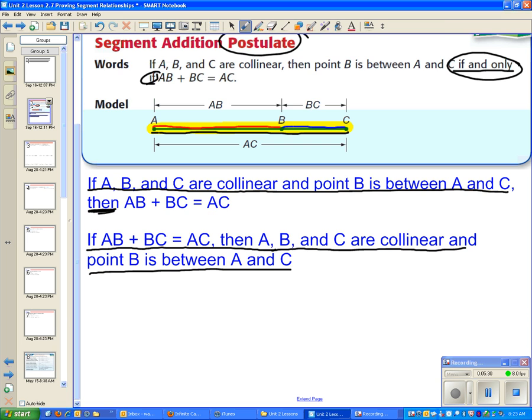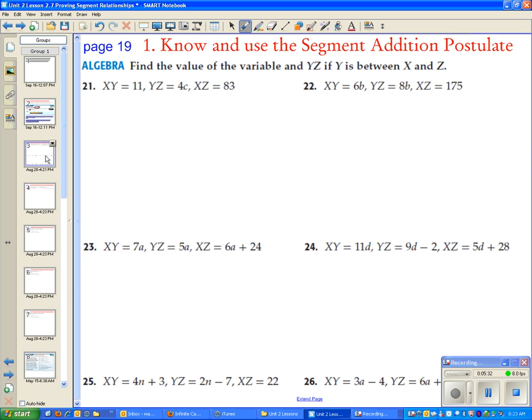Got it? Let's see. These are from page 19. We've done these before. Let's do number 21 here. It says, find the value of the variable and the length of YZ if Y is between X and Z. Remember how we did these? We draw it. We put X and Z at the end points.